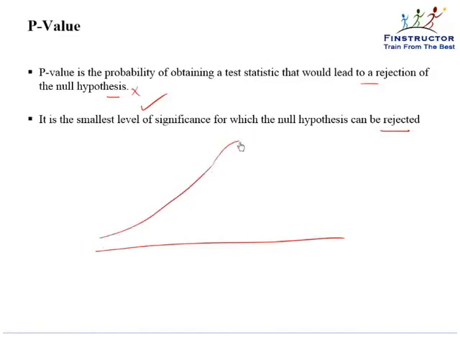if we calculated our test statistic and the test statistic came out to be 1.97 and it was a two-tailed test, so in a two-tailed test, if the test statistic came out to be 1.97, then at a 99% level of significance, can I reject the null?